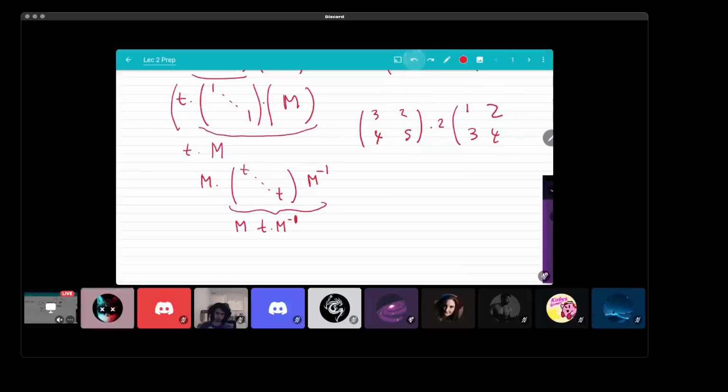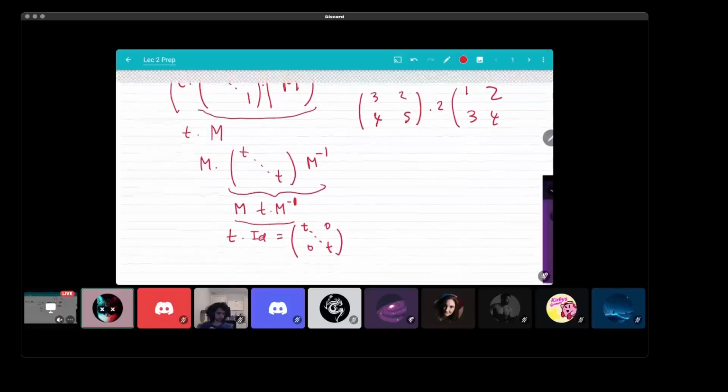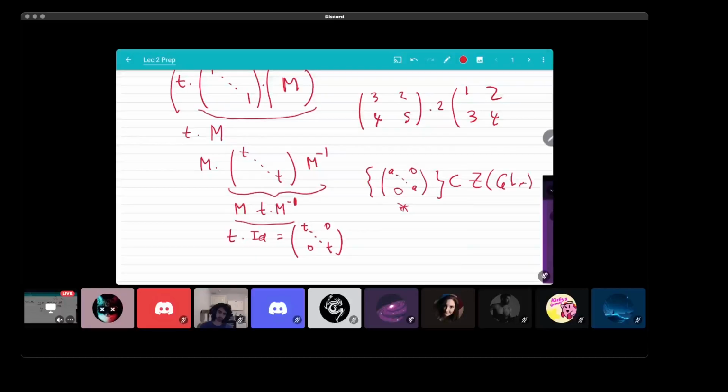It won't change. You can do the same for this, so it will give you t times the identity. So the takeaway is that matrices with all equal diagonal elements and 0 everywhere else, the subgroup formed by such matrices commutes with any other matrices, so it is in the center of the group.